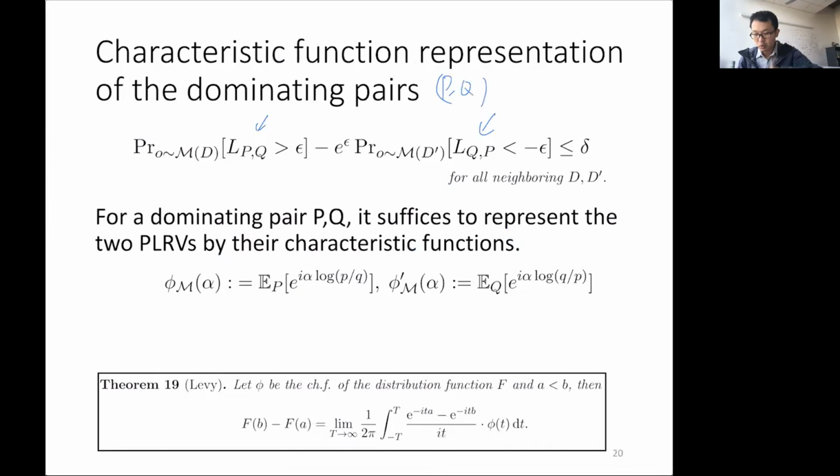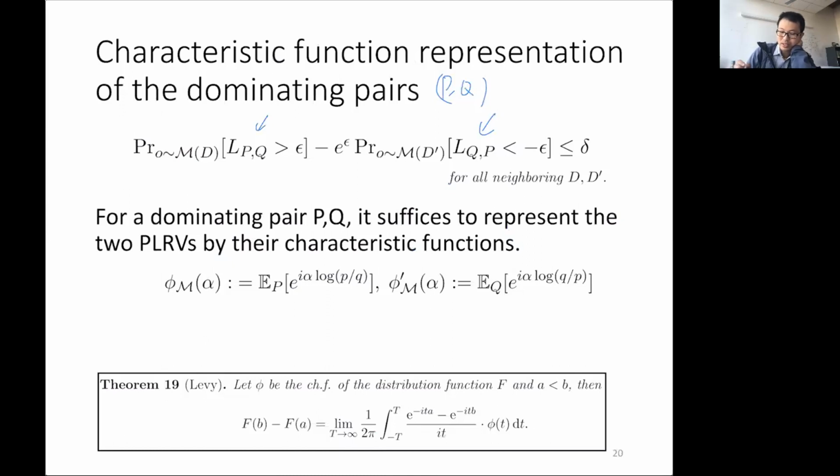Representing the density function or CDF of the privacy loss random variable is somewhat difficult to manipulate under composition. So what we're proposing is to represent the distribution by its so-called characteristic function.